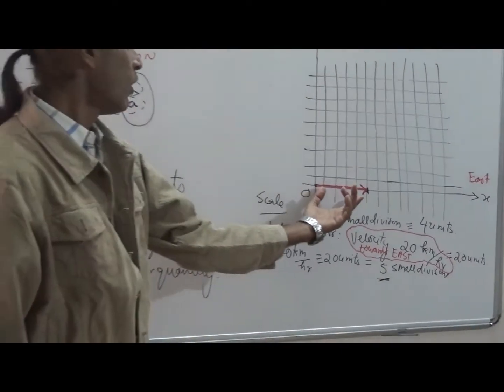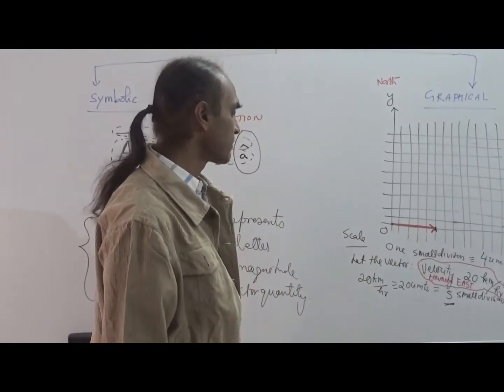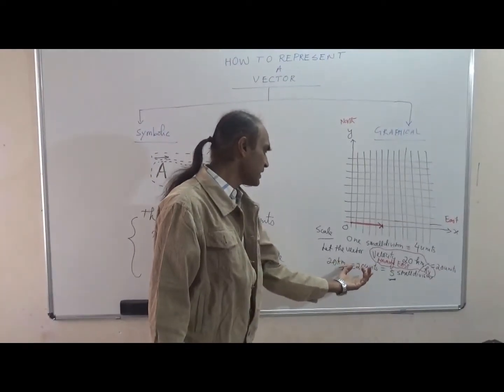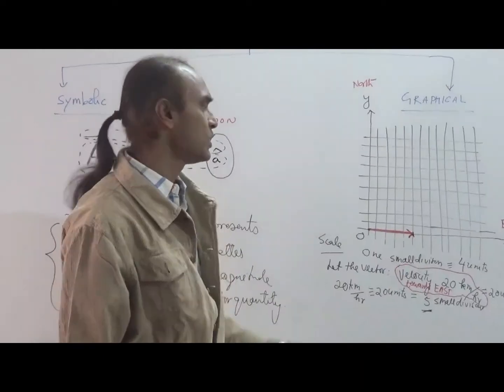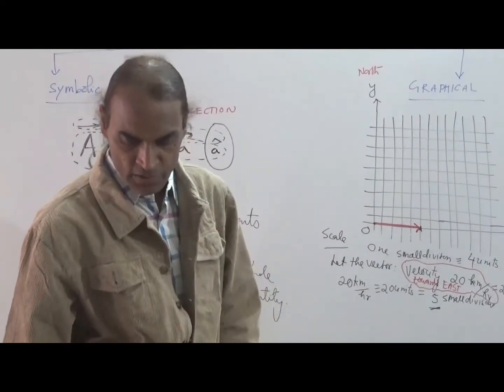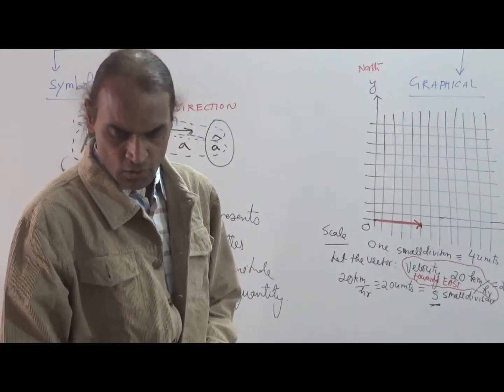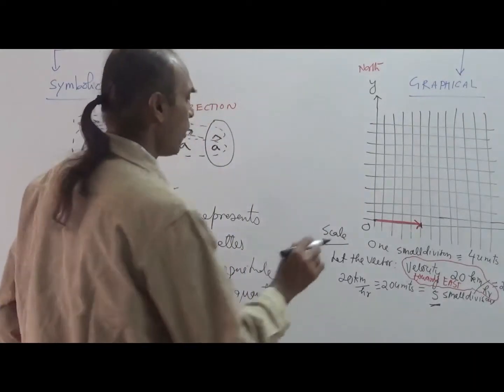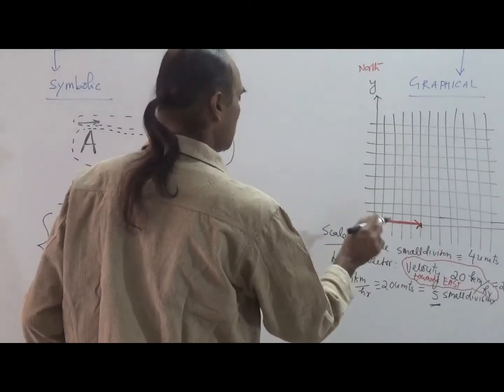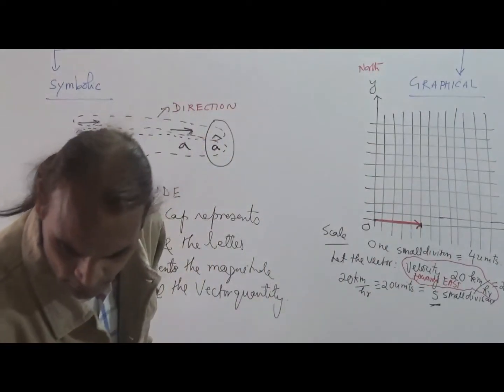So this is how we can represent this given vector on a graph paper. This is what we call graphical representation. We are getting an arrow here. So this is the arrow we are getting.